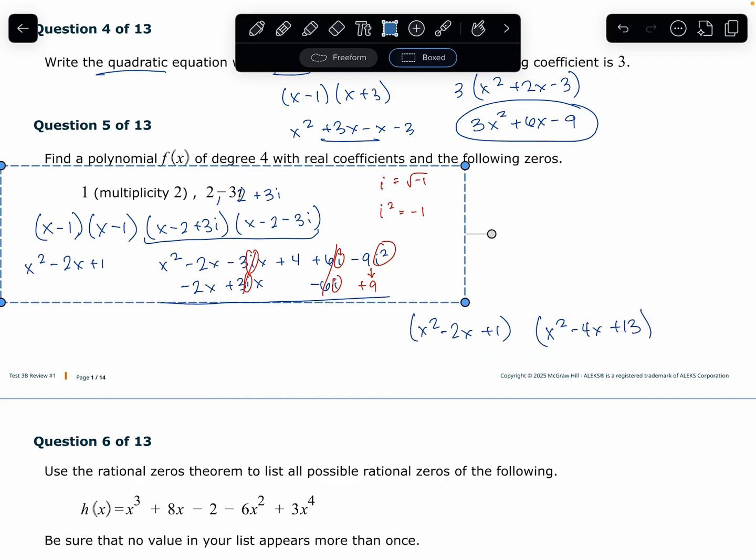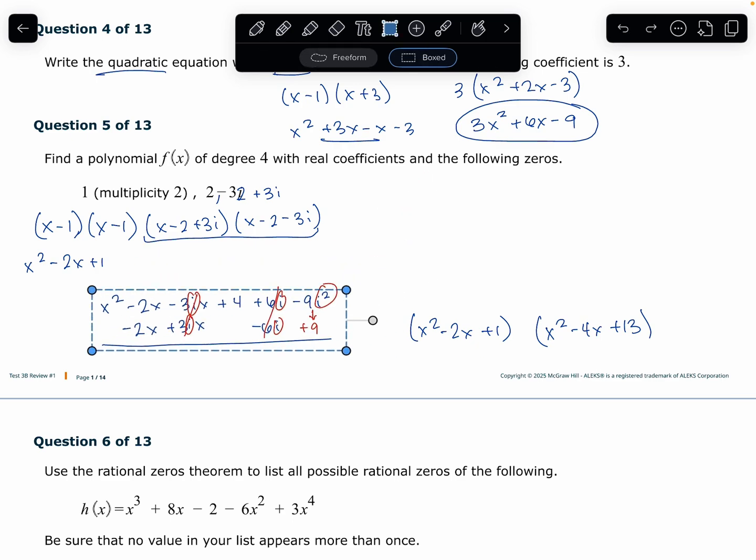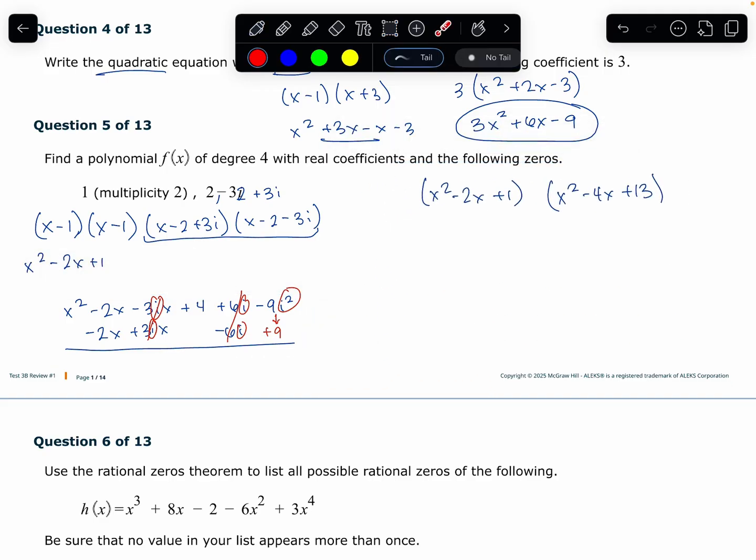So I'm going to try and make some more room for myself. So I'm multiplying these together. And this is what I'm saying, that fourth degree polynomials aren't very nice. So I'm probably going to have to input my own questions so that you don't get something this crazy.